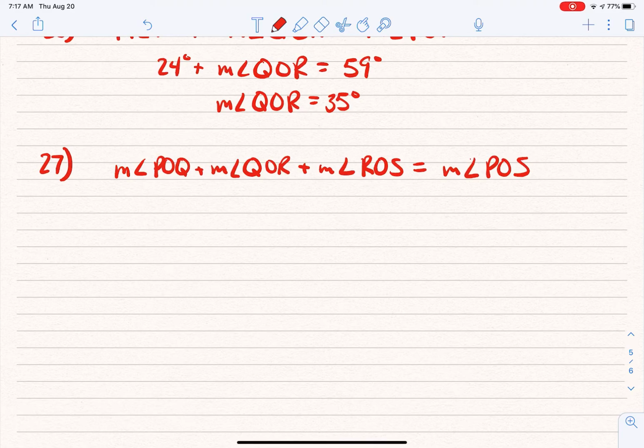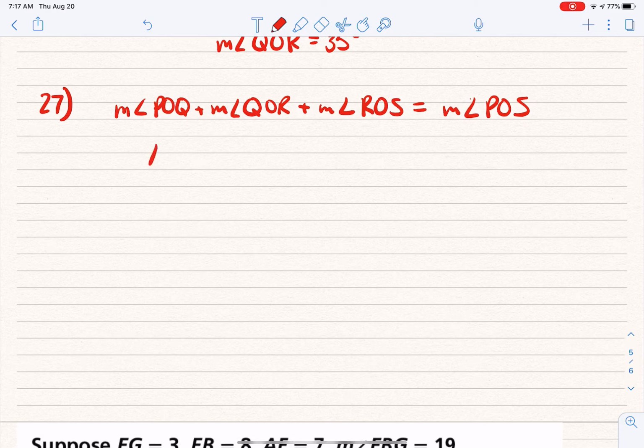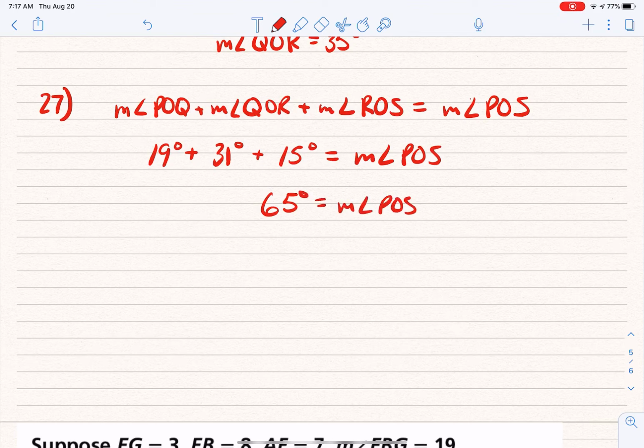And it gives us all of those pieces. They're 19, 31, and 15. So you go 19 degrees plus 31 degrees plus 15 degrees all add up to be the measure of angle POS. So 19 and 31 is 50. 50 plus 15 more is 65 degrees. So that's the measure of angle POS.